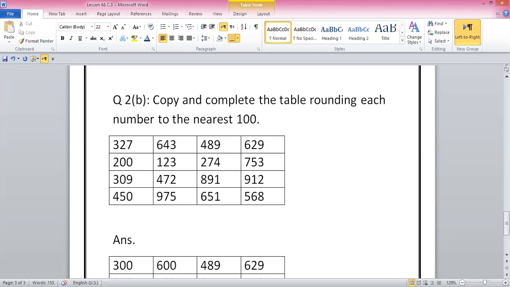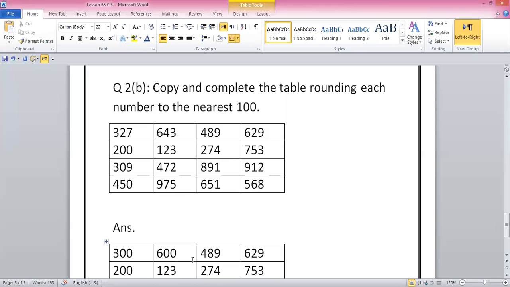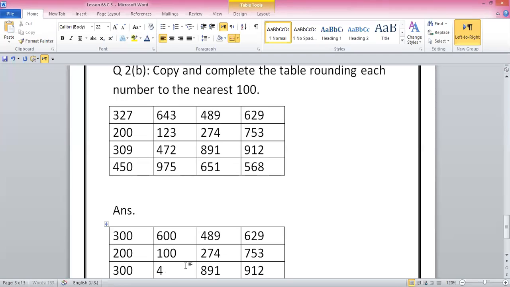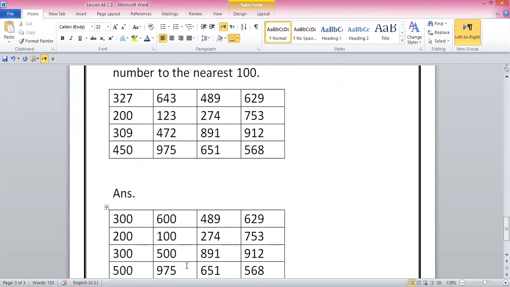Now 123, 100. 472, 500. 975, 1000. 1000 or 980? 980. 1000.